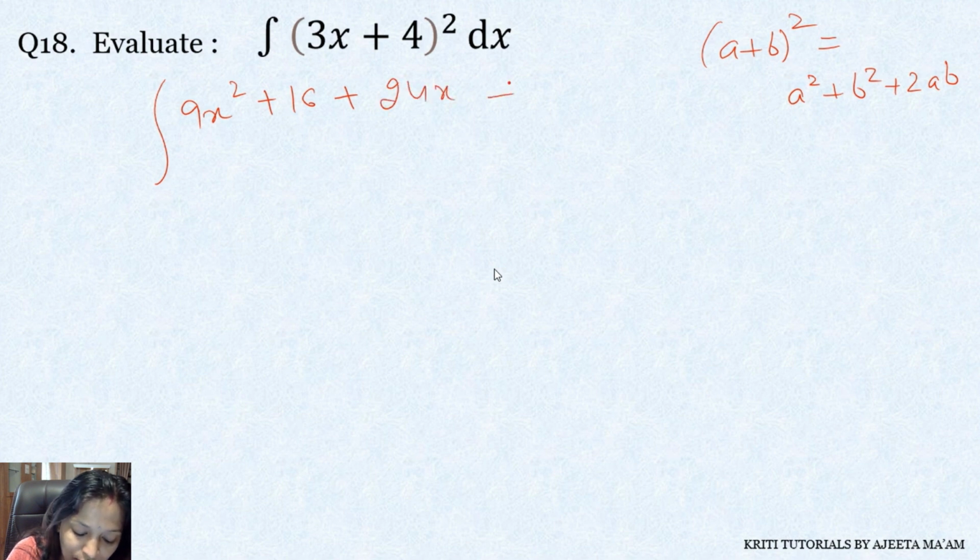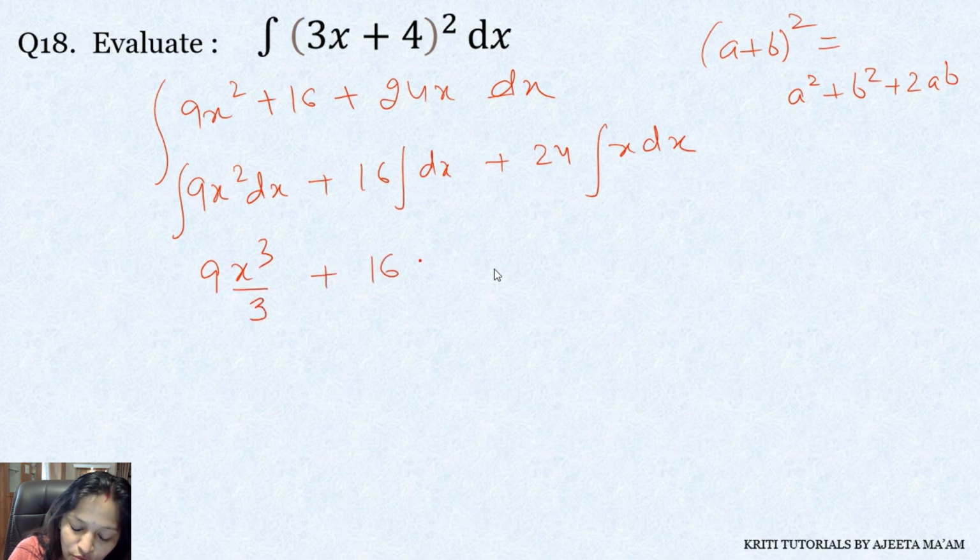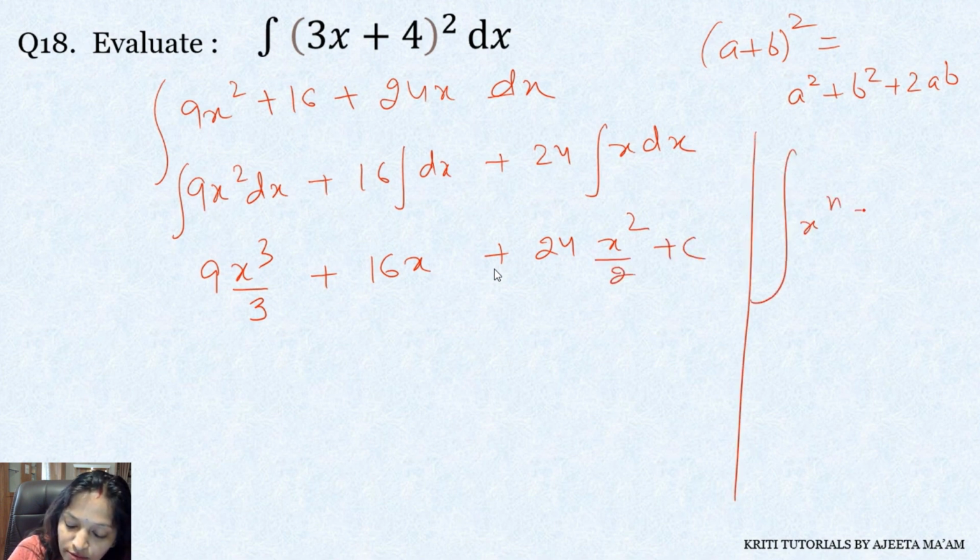Now let's separate the integrals into three different integrals, constant out, and rest as it is. So what will you get? 9x cube upon 3, 16x, 24 into the integral of x, x square by 2. Now again here we have used one integral formula, x raised to n dx is x raised to n plus 1 upon n plus 1.